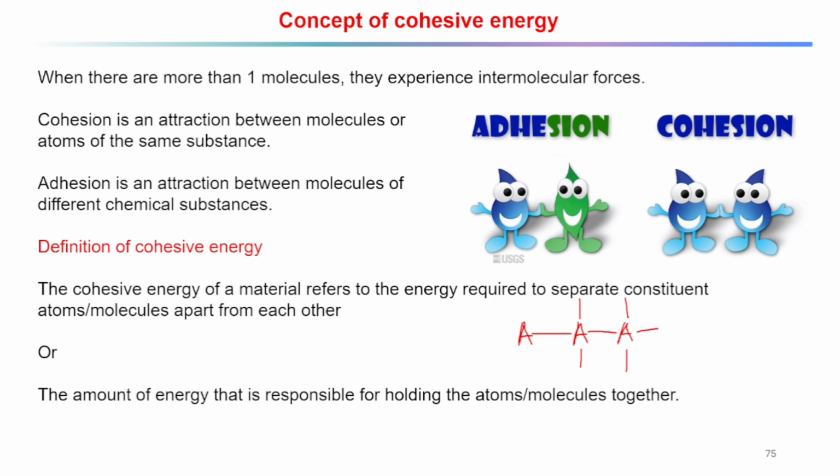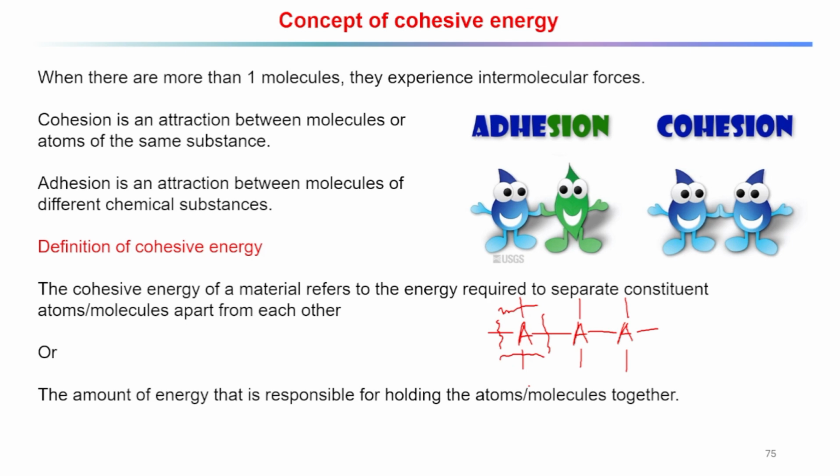Now if you want to take out one atom from this, you have to supply some amount of energy, and by supplying energy you can break these bonds, this one or this one. So you have to supply energy and break all these bonds, then only can you take out this one atom.